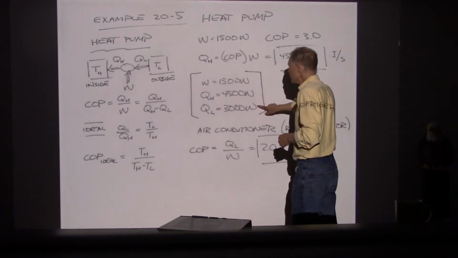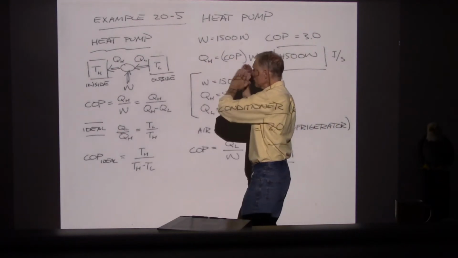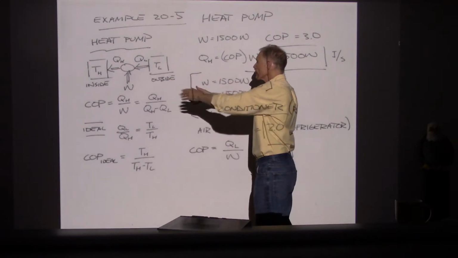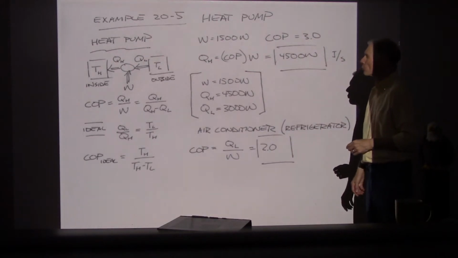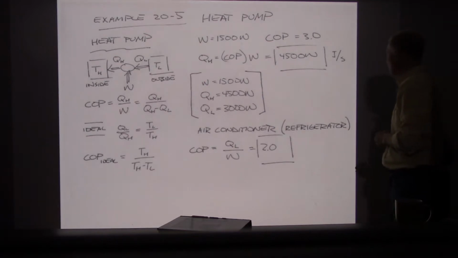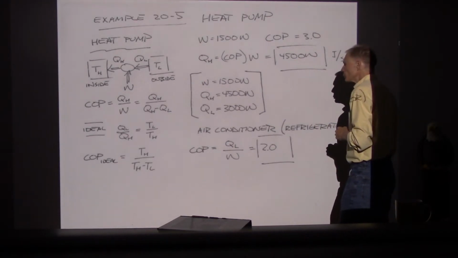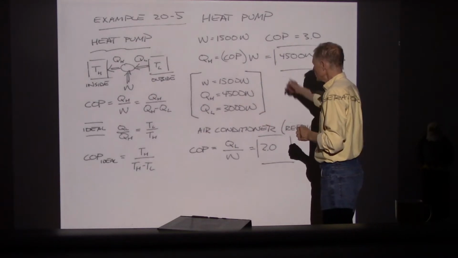Now that would say the QH is 4500 watts. It must be that the QL is 3000 watts. So every second it's drawing in 3000 joules of heat from the outside, and it's depositing 4,500 joules of heat inside the house as it operates. Now, when we move it around as an air conditioner, these numbers aren't going to change.